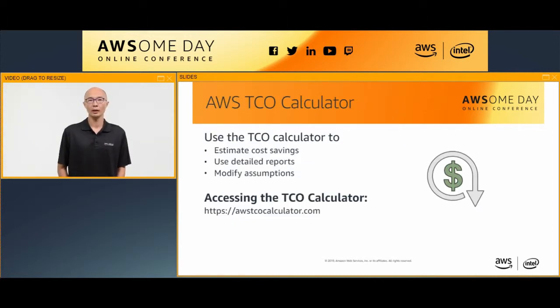Is there a way to estimate the cost savings from using AWS versus an on-premises environment? The TCO Calculator is a tool that has been developed to help you estimate cost savings when using AWS, use detailed sets of reports that can be used in executive presentations, and modify assumptions that best meet your needs.